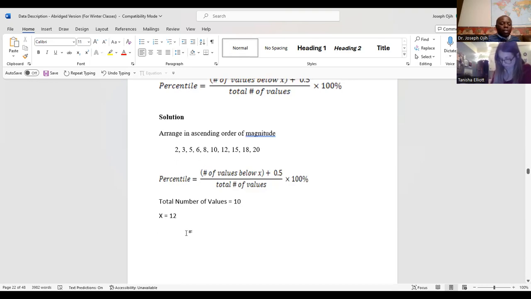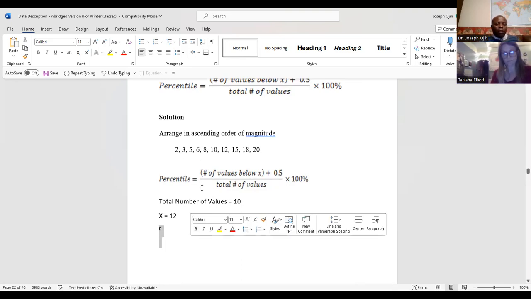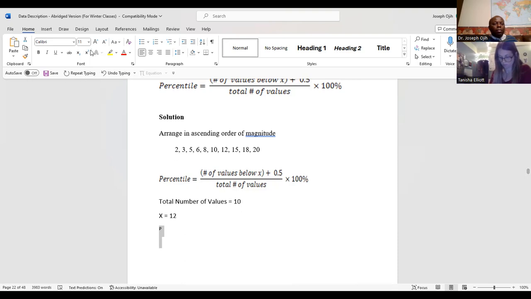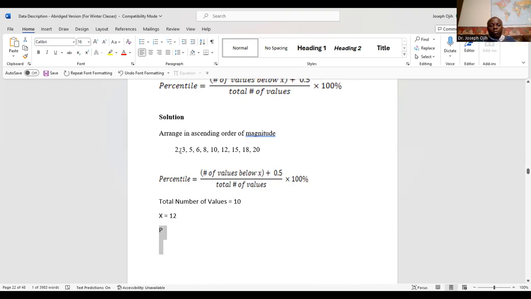So that means we can find our percentile. I'm going to use this formula, on the formula page. You can see that there are 6 numbers below 12.